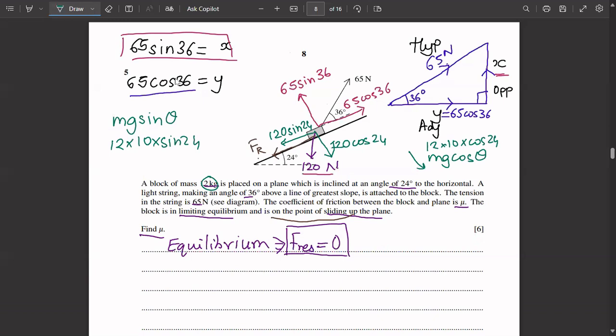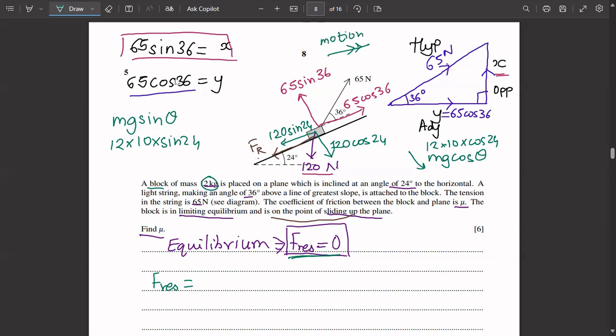Now we have all the forces labeled and we know that the resultant force is equal to 0. So what is the resultant force exactly? Because the block is about to move up the plane, the motion is in the upwards direction. Even though it is not moving, it is about to.